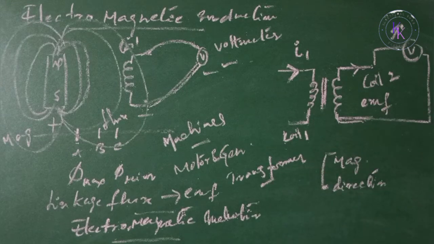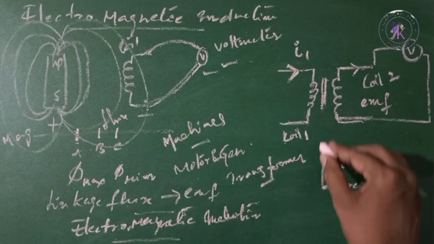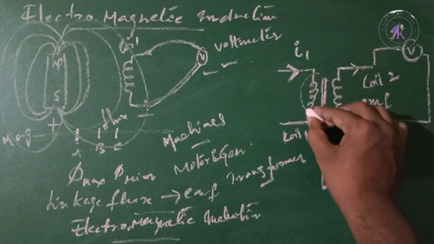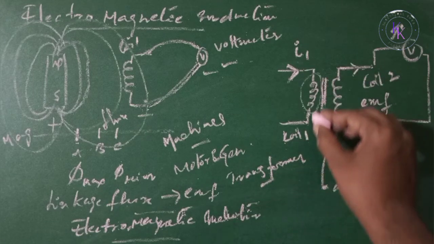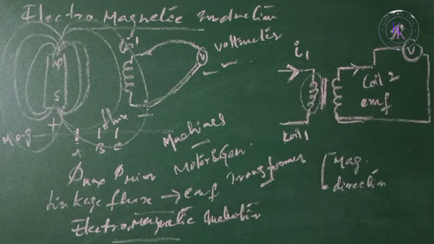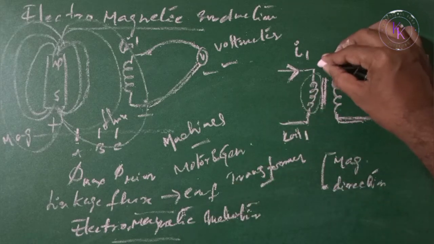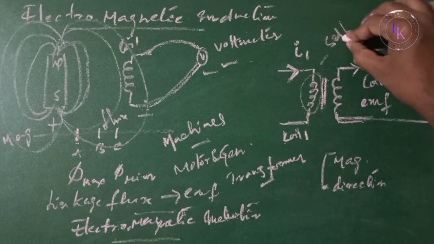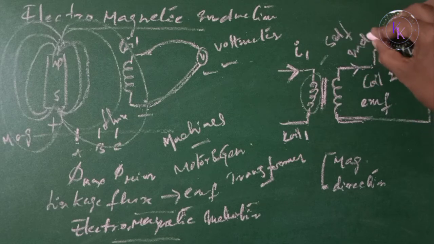If the change in the flux linkage of a coil is due to a change in the current in the coil itself, that is, the change in the flux happens here due to the current flowing in this coil itself, then this is known as self inductance.